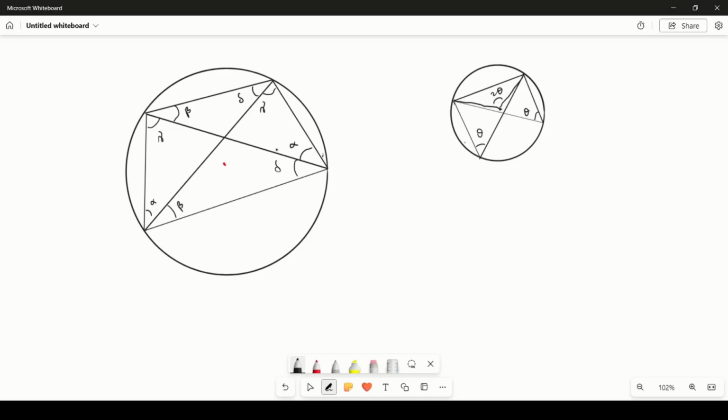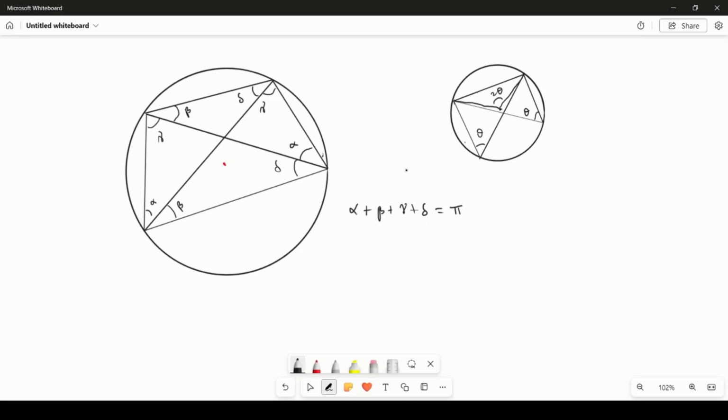Okay, and we know that the angle sum will be 180, 360. So we have alpha plus gamma plus delta, and that's going to be pi. I've basically done the division by 2.